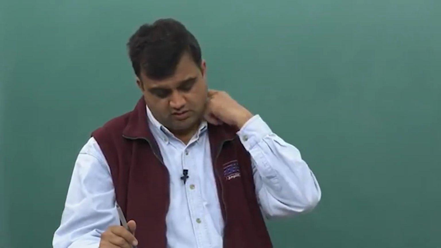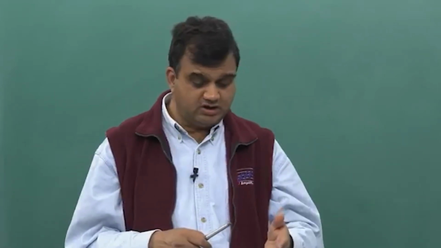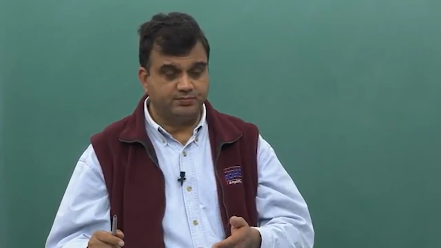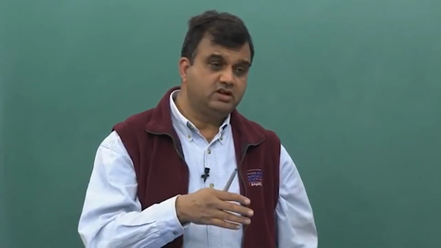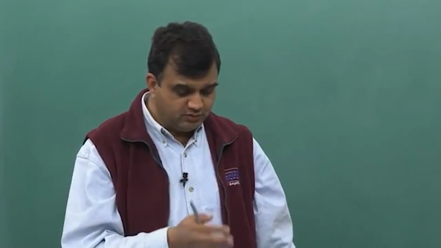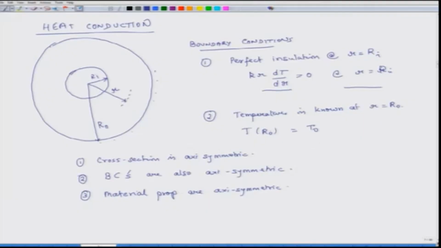So this is one of those problems where this k, the conductivity, can vary in the radial direction, but it is not varying in the theta direction. So material properties are also a thing. If these three conditions are met, where the geometry is axisymmetric, boundary condition is axisymmetric, and material properties are axisymmetric, okay.